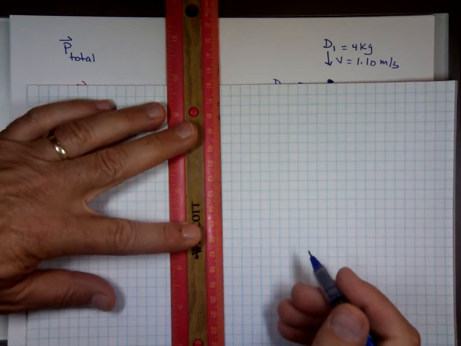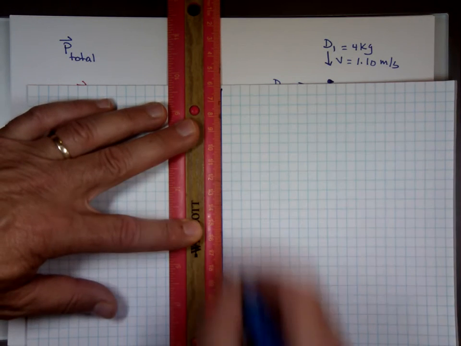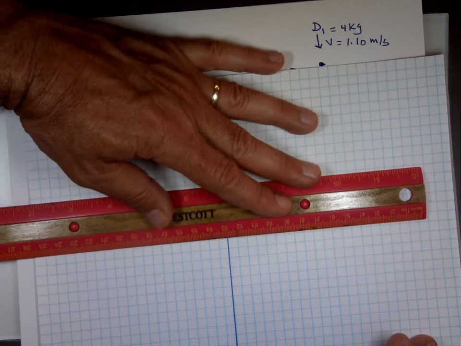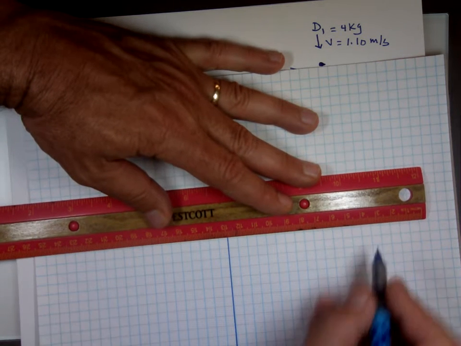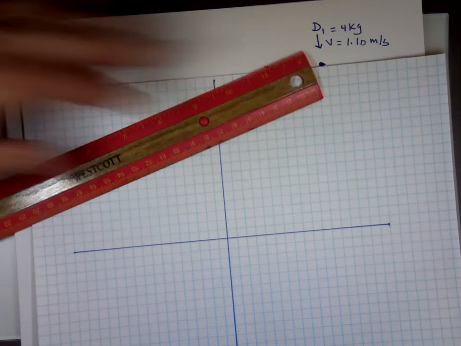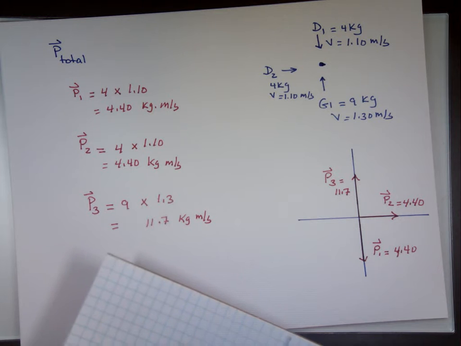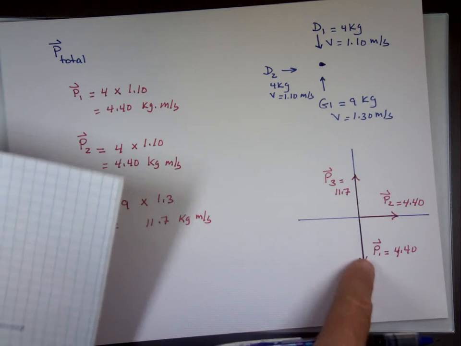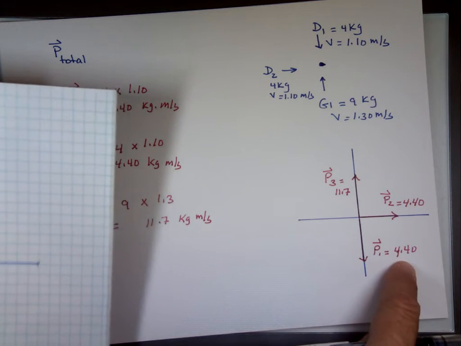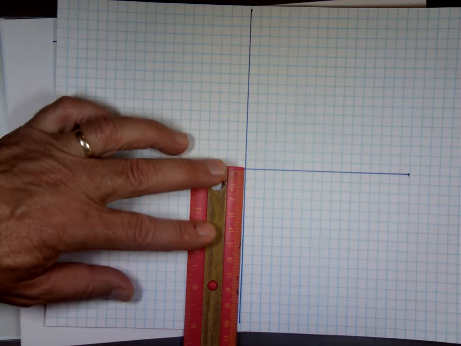The good news, they're all perfect. They go straight up, down, left and right. I don't need to use a protractor, and it doesn't matter which one you draw first. So if you want to do duck number 1 or P1 first, notice P1 is going which way? Down 4.4. So let me go down 4.4, each box here, centimeters.